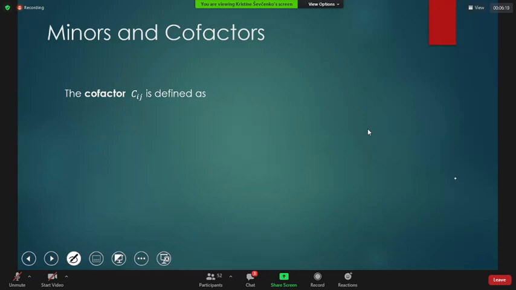Now, the cofactor is almost the same as the minor, and it is defined as you see. The cofactor with number ij, again row i, column j, is defined as minus 1 to the power i plus j times the corresponding minor.